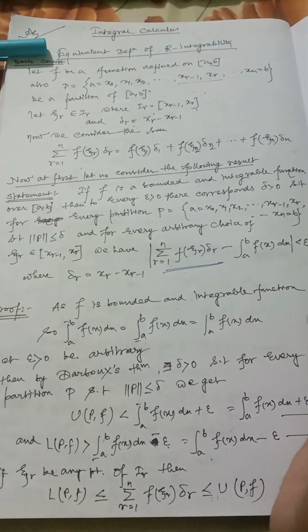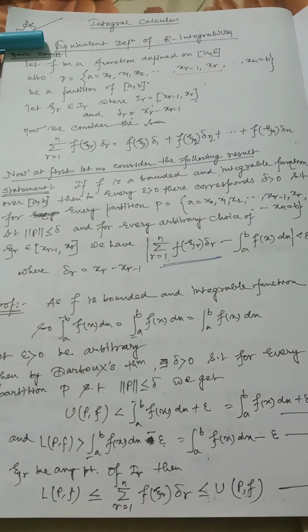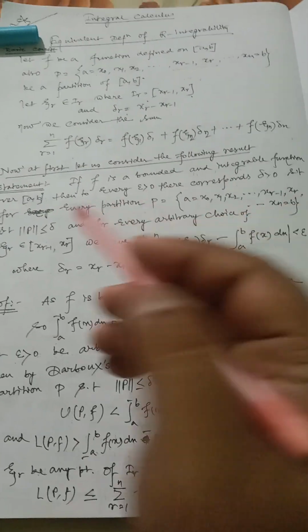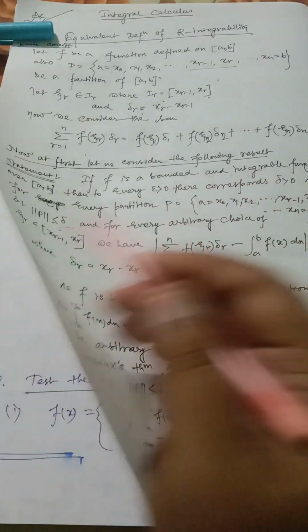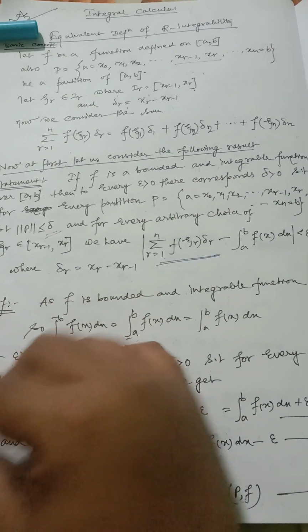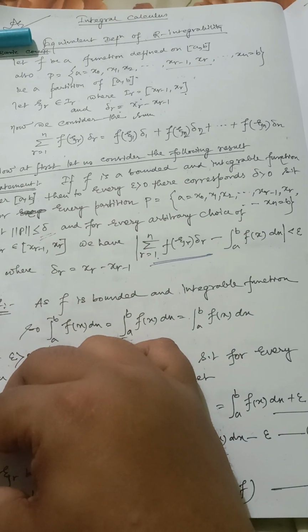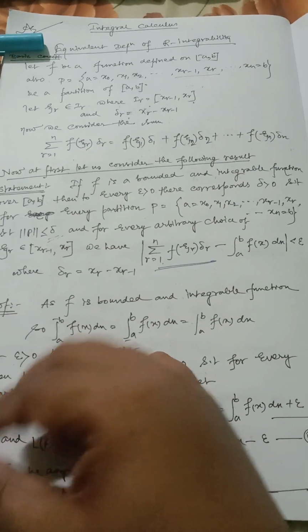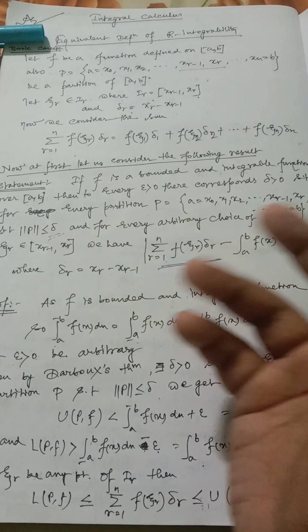Now I hope you can remember the definition of norm: the largest possible subinterval, that is the one which has the largest possible length. Let us consider that is equivalent to delta. So norm of P is less than or equal to delta. It indicates it may happen the subintervals are not of equal length, and if all subintervals are of uniform length, then all of them have the same structure.